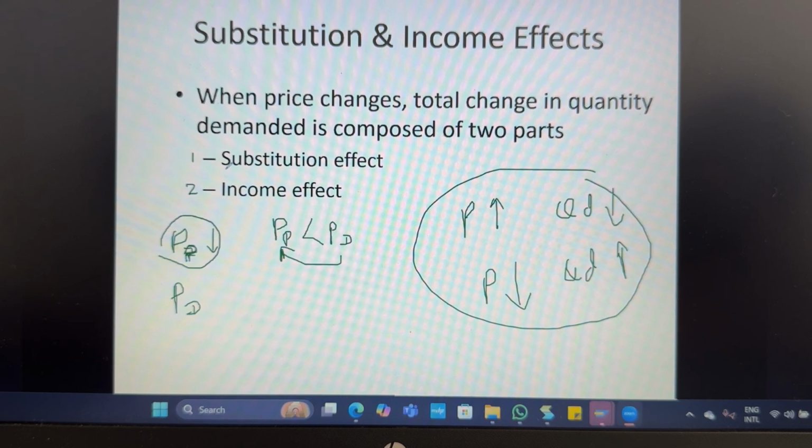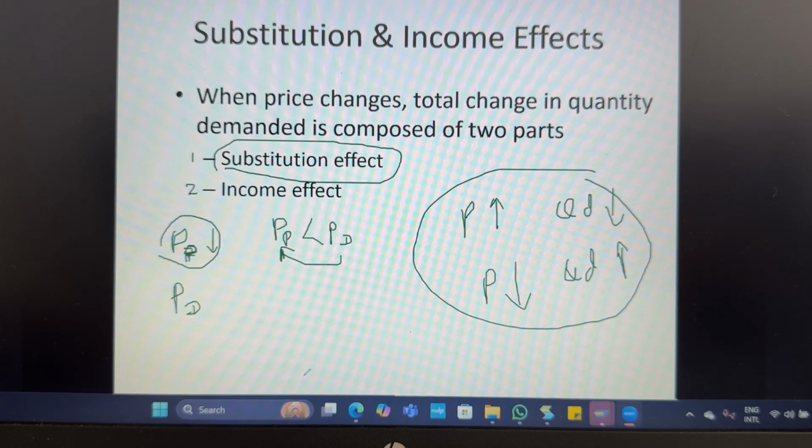This is called the substitution effect. People substitute a relatively cheap commodity for a relatively expensive one. If pizza price decreases, pizza demand goes up because some pizza lovers come to this pizza from other varieties of pizza.